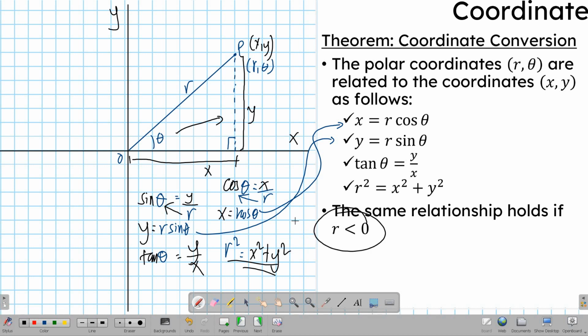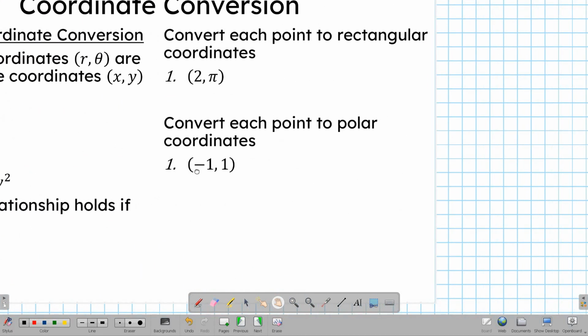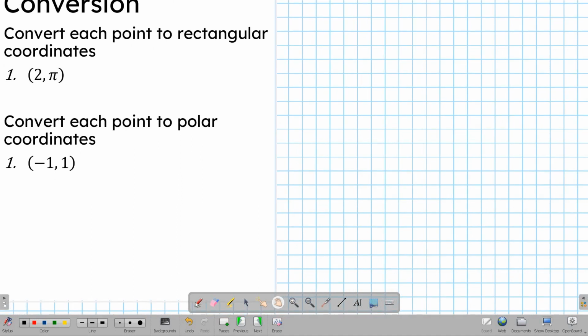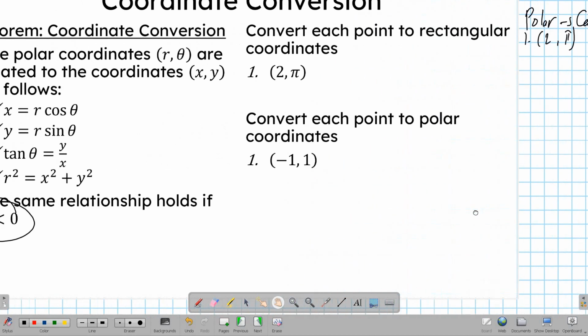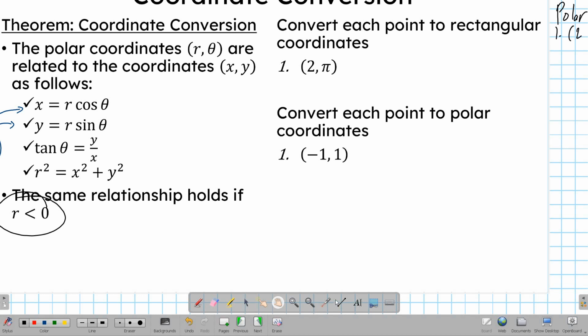With that in mind, we can convert polar coordinates to Cartesian coordinates and vice versa. For example, if we want to know the Cartesian coordinates of the point (2, pi), we just need to use one of these four formulas.